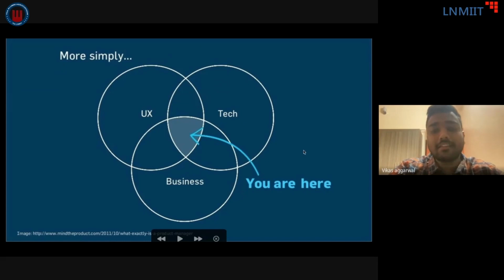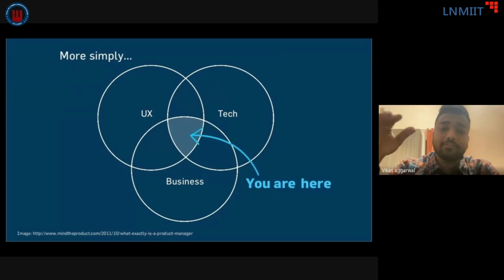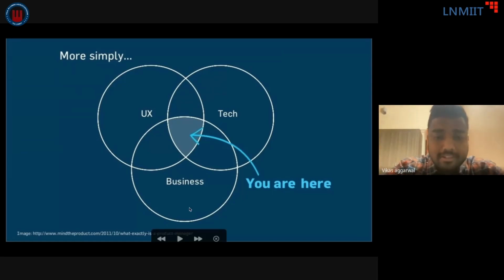If you compare Slice with its competitor, see what the business model of Slice is. Whatever credit you take for one month is sliced into thirds every month, and you don't have to pay any interest for the next three months. It is similar for Unicards, but try to understand the difference between both. The product manager of Slice will look at the offerings offered by Unicards. This is the business segment, this is the tech, and this is the UI UX.